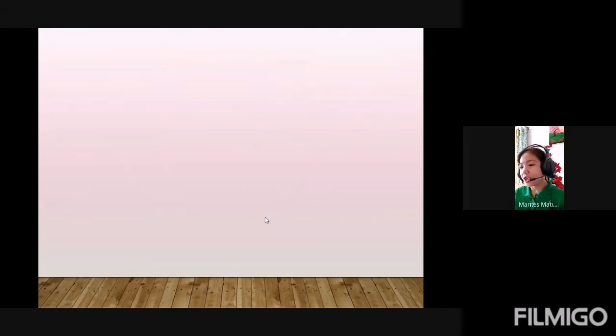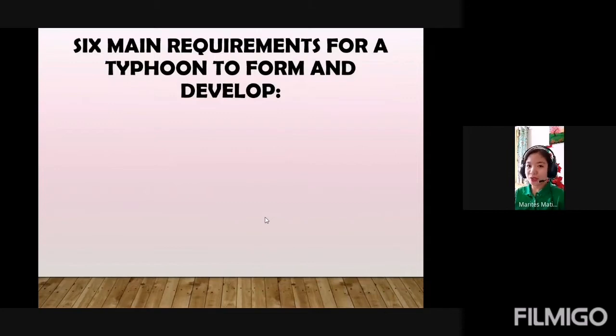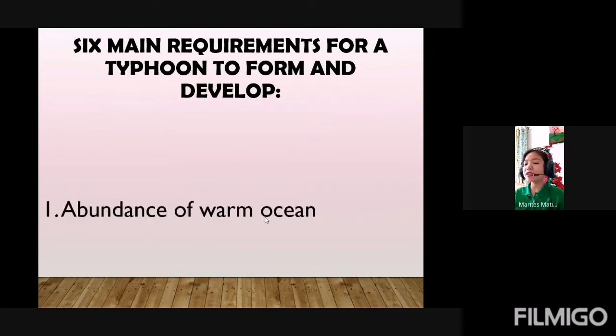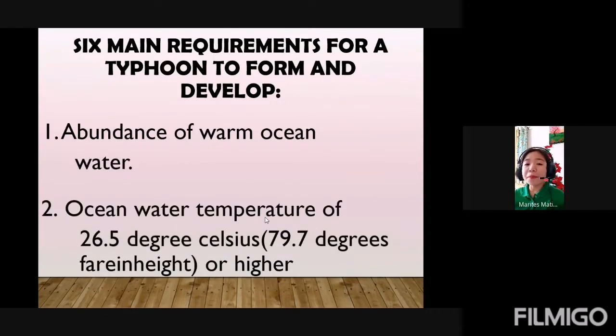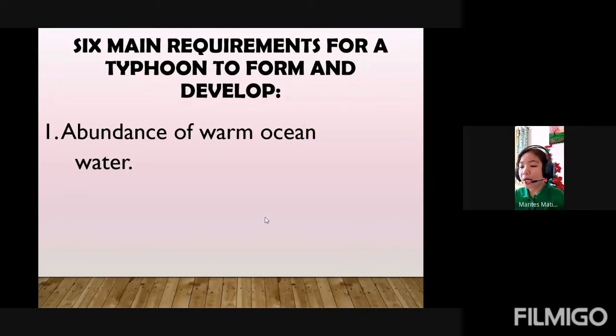Okay, so here, guys, actually, we have 6 main requirements for a typhoon to form and develop. First requirement is the abundance of warm ocean water. Dapat mayroon tayong medyo mainit-init na ocean water.